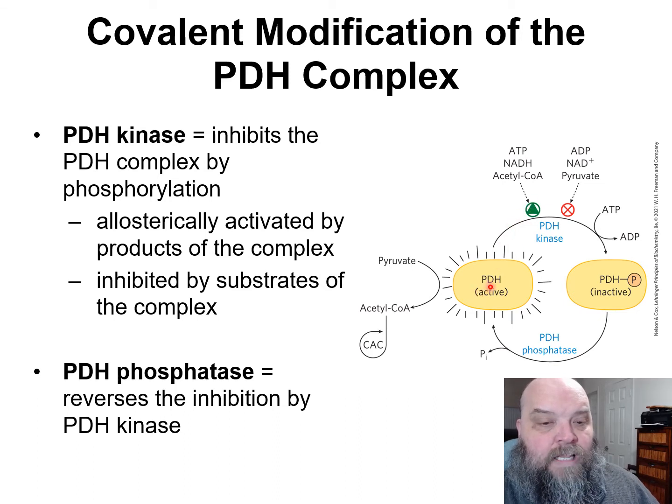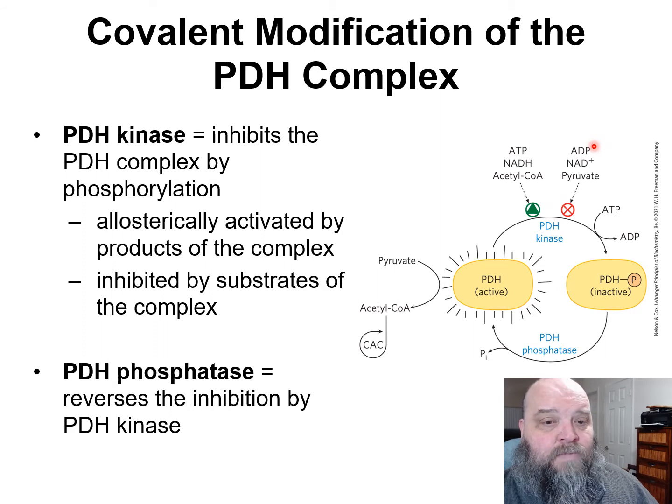By phosphorylating it, this phosphate group from ATP acts as an allosteric inhibitor and shuts down the process. This is going to happen when ATP levels are high and NADH levels are high. You already have too much acetyl-CoA just waiting to be used by the citrate synthase enzyme.